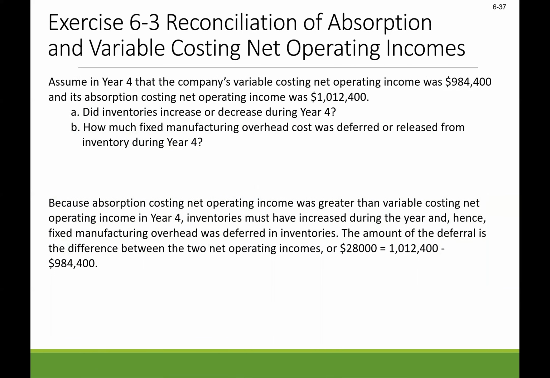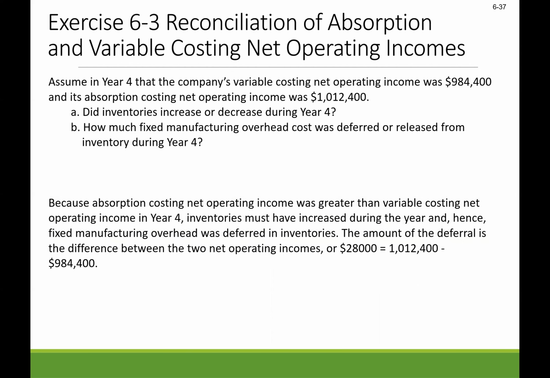Now, assume in year 4 that the company's variable costing net operating income is $984,000 and its absorption costing net operating income is $1,012,400. Did inventories increase or decrease in year 4?